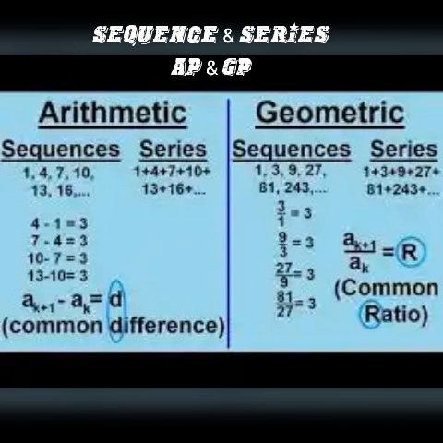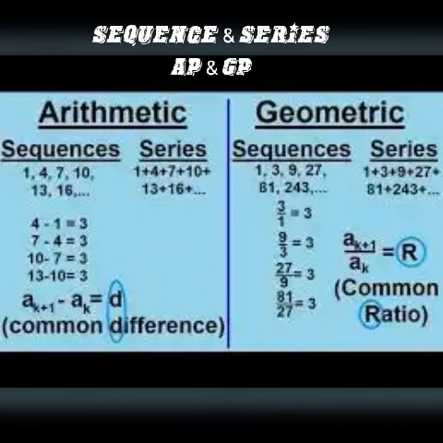Now, how do we solve a question like this? To solve it, we apply the principle of simultaneous equations. The fourth term of an AP is given as A plus 3D, and that is equal to 18.